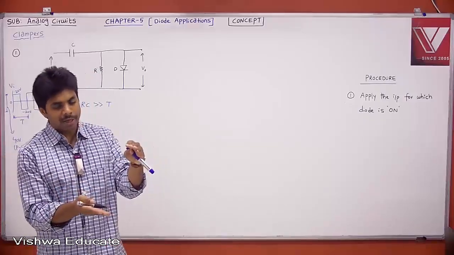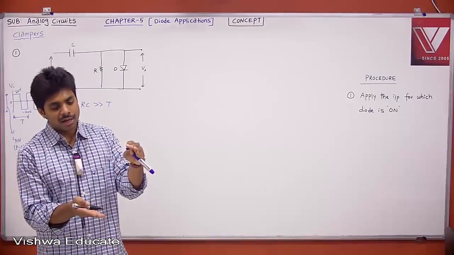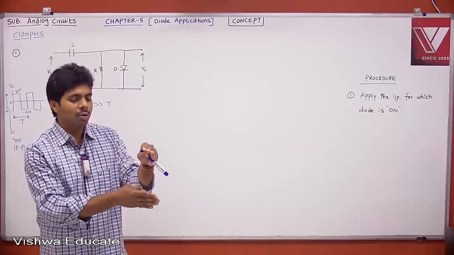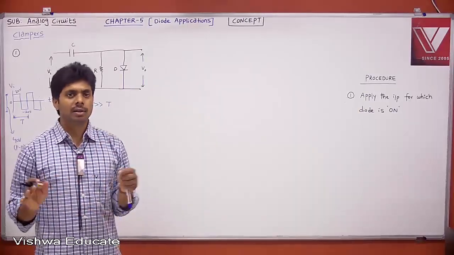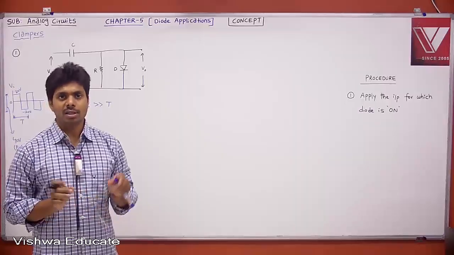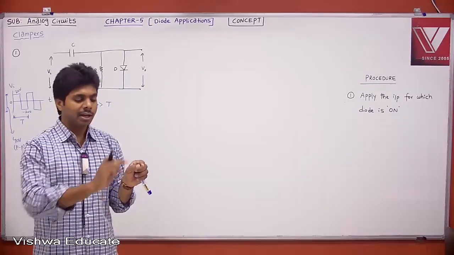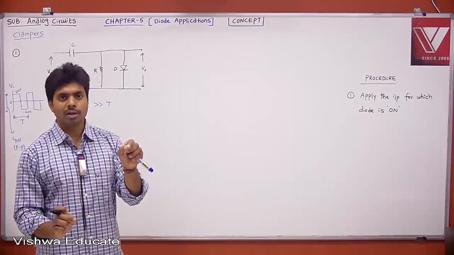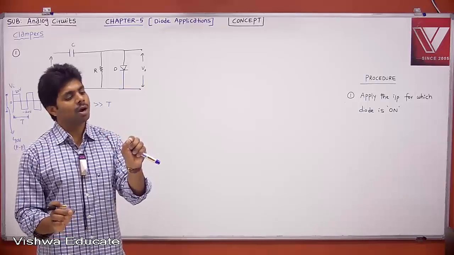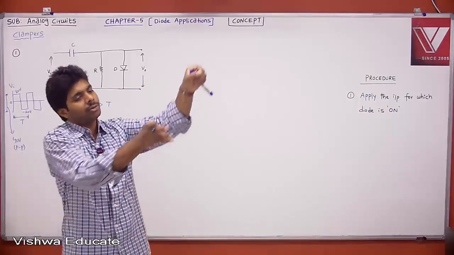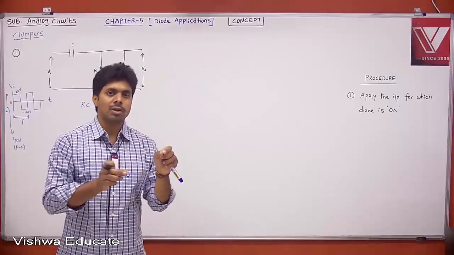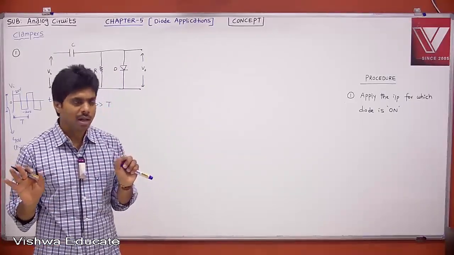If you know what's happening to the peaks, then the same thing can be expected for all the voltages you have at the input. No need to deal with all different values of your input. Just deal with the peaks. When I say a triangular waveform, plus 20, minus 20, deal with plus 20, minus 20. Let us say both are shifting up, then the complete waveform will be shifted up. No need to work out the intermediate voltages. That is what it is.